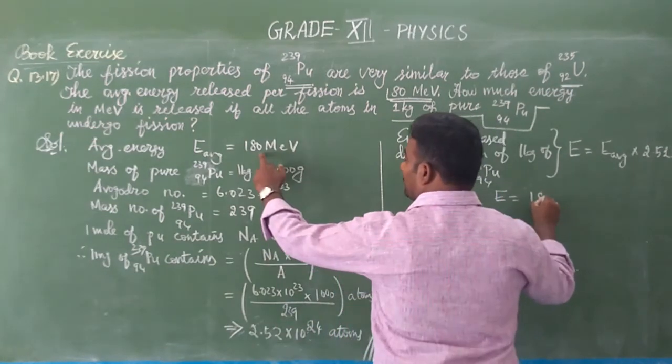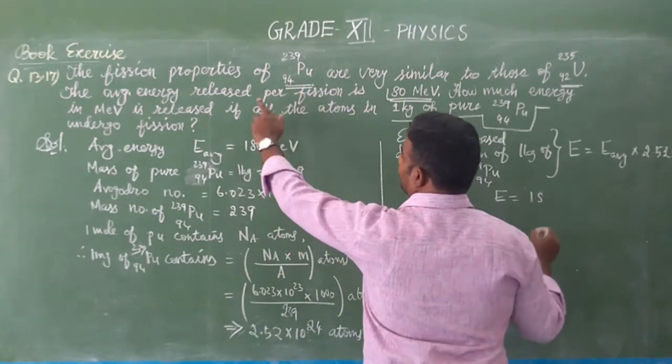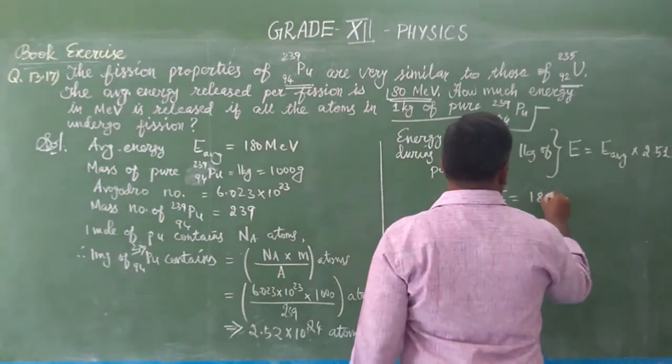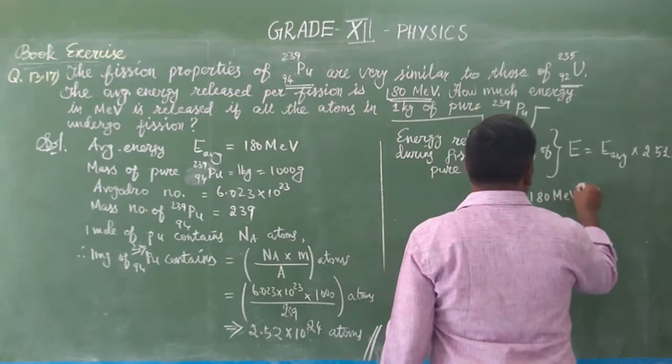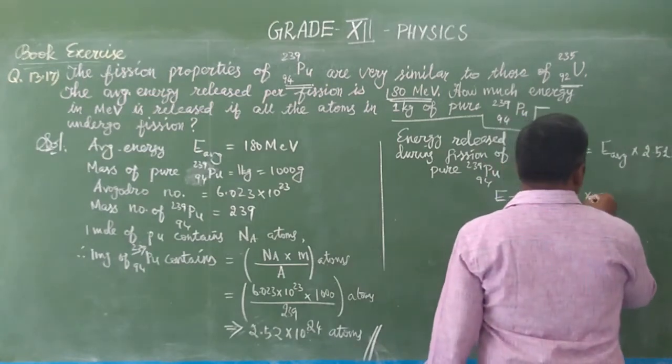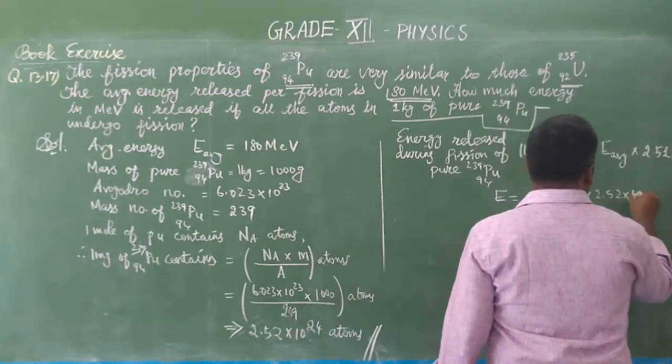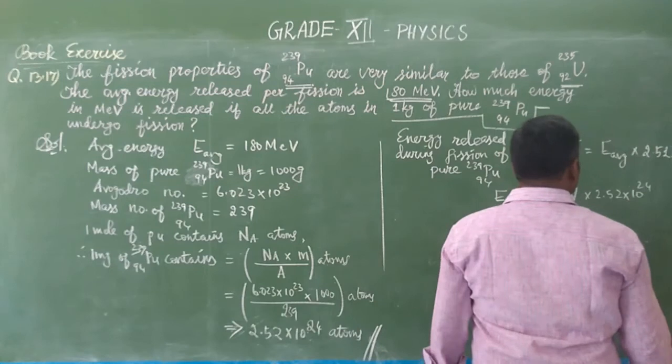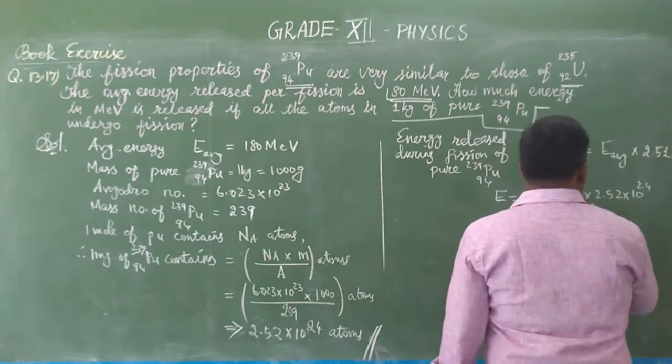We know the average energy, the question itself gives it: 180 mega electron volt into 2.52 into 10 to the power 24. You write the mega electron volt at last.